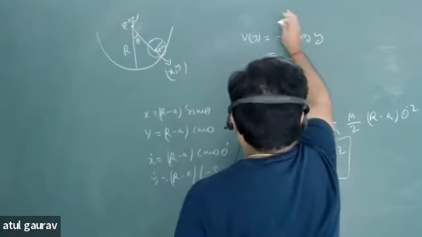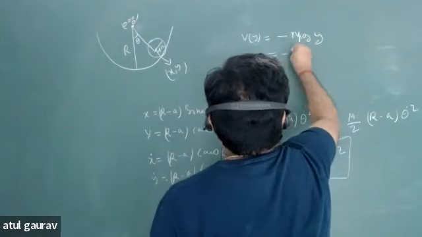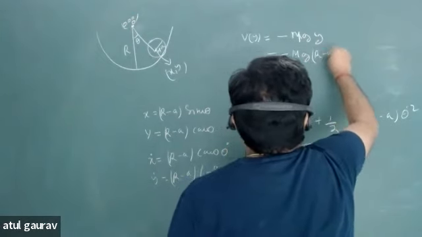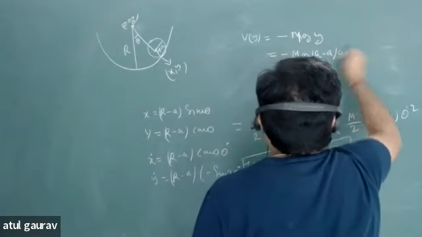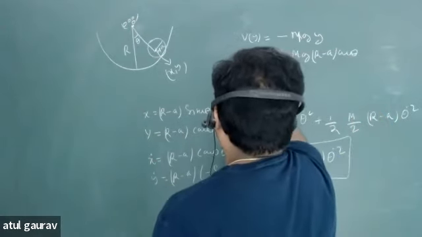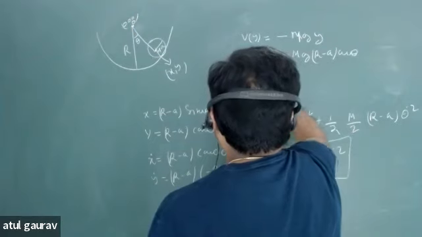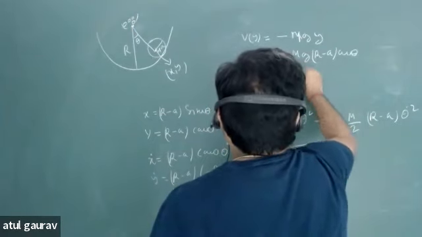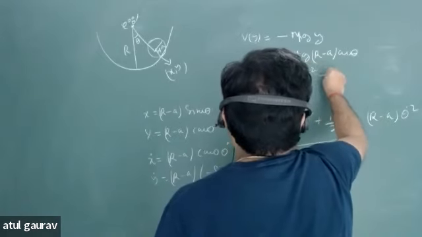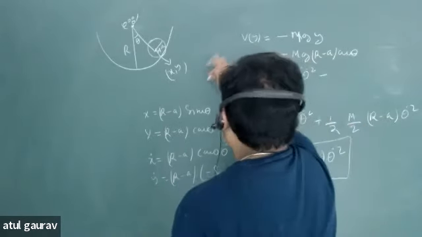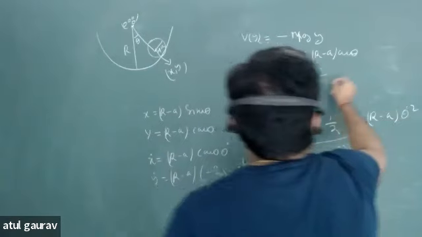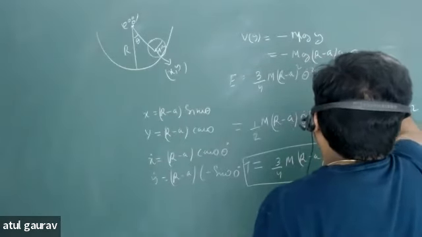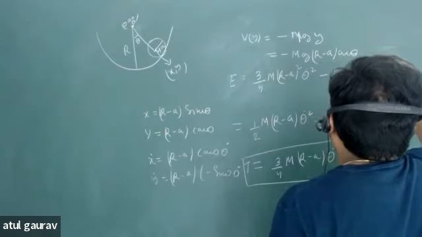So we can take minus mg (r minus a) cos theta. And now your total energy is equal to 3/4 m (r minus a) square theta dot square, minus mg (r minus a) cos theta.